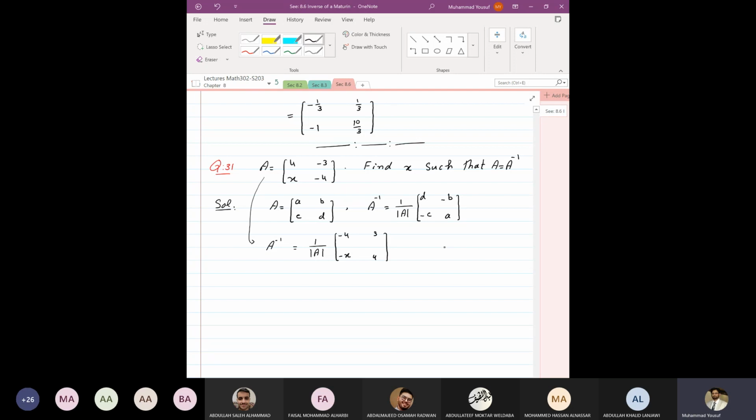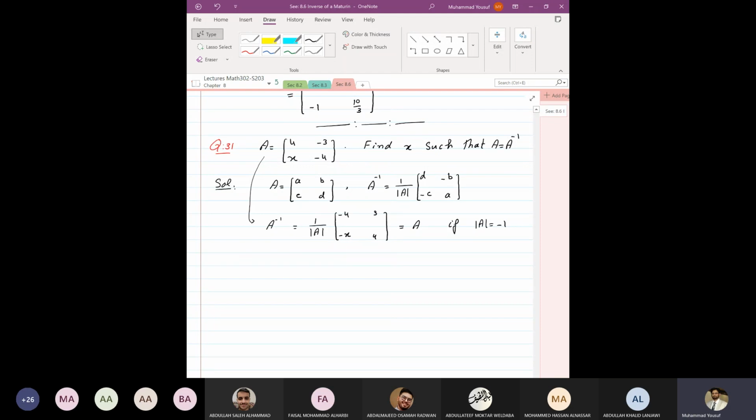So this thing tells us that this is equal to A if determinant of A is equal to negative 1. Otherwise, it cannot be. So when determinant of A is negative 1, then this matrix will become matrix A. Okay, this is one thing.